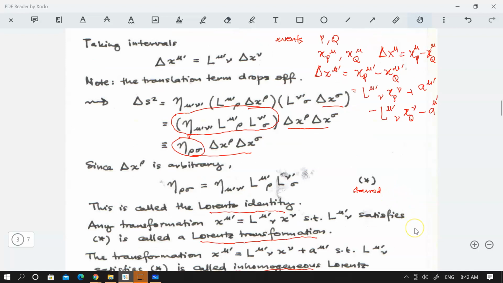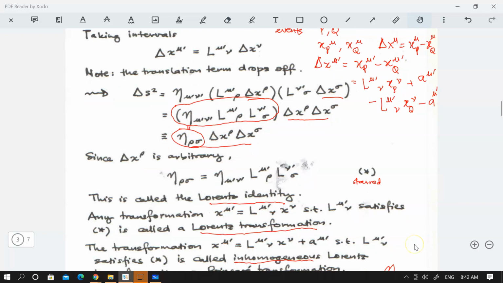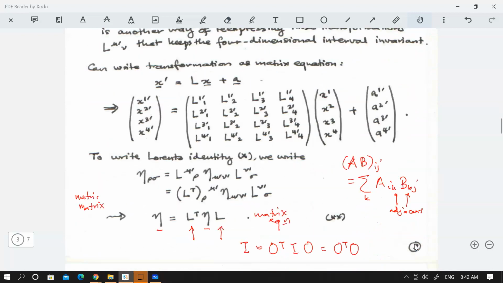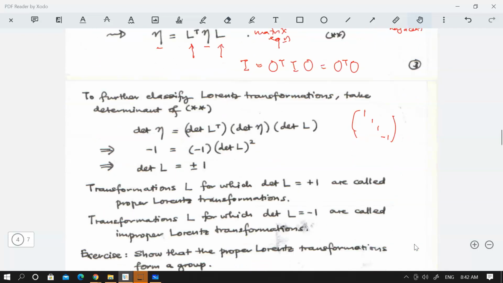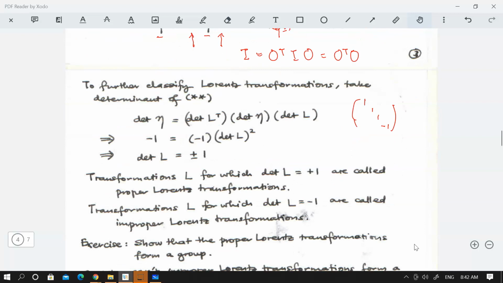That tells us there are two possibilities. The one with the plus sign is called a proper Lorentz transformation, and the one with determinant L equal to minus 1 is called the improper Lorentz transformation.